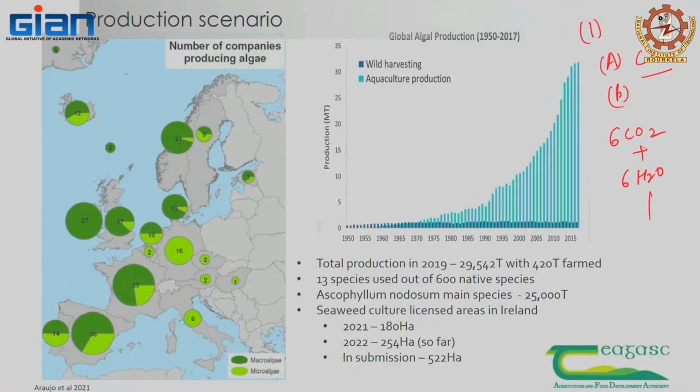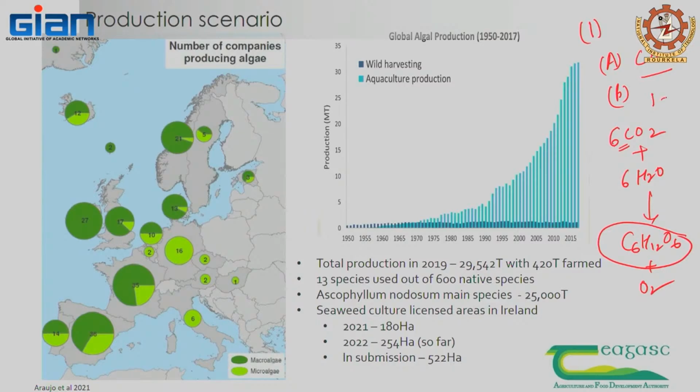So, you know the photosynthesis process, right? Carbon dioxide plus water, 6 CO2 plus 6 H2O, will be converted into glucose, C6H12O6, plus oxygen. So, if you do all the calculations, the CO2 molecular weight is what?